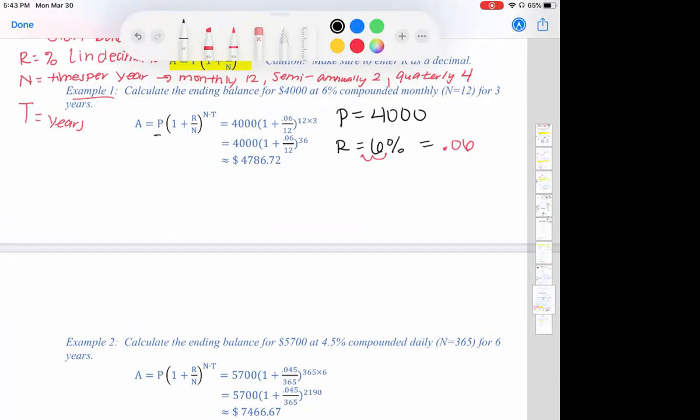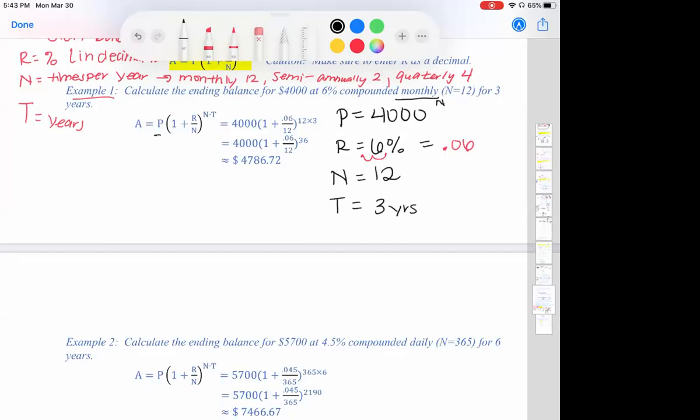Now we need N, and N is how many times per year? We have that word monthly, so N is 12. And we're doing it for 3 years, so T is 3. Okay, so this is our formula, and we're just going to plug each one of those numbers into the formula. Do you see how they match up?